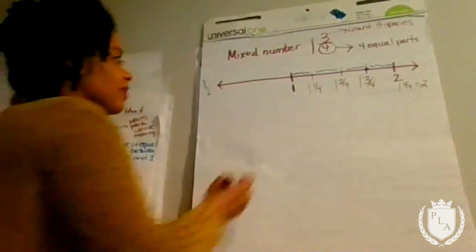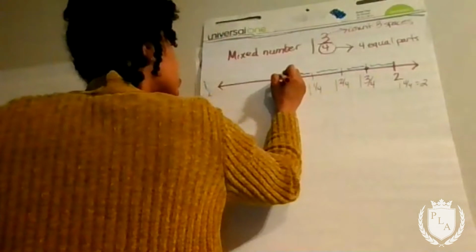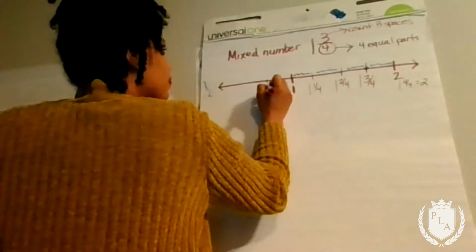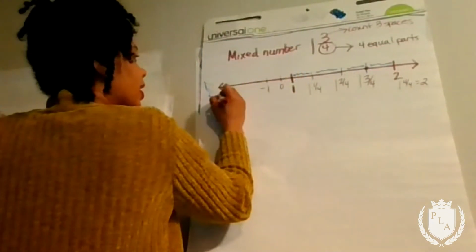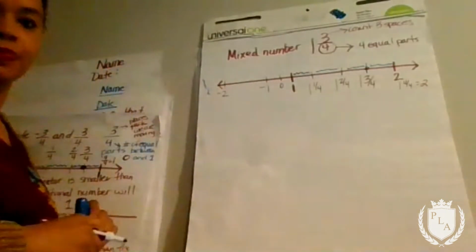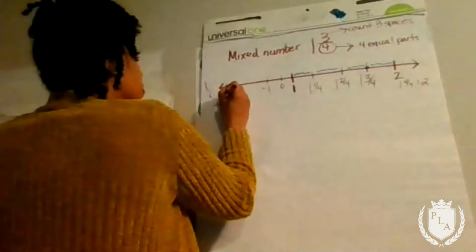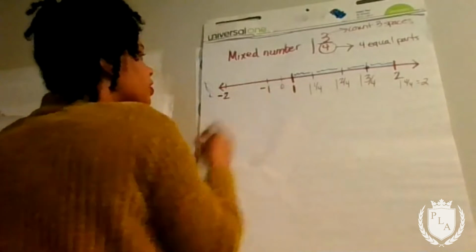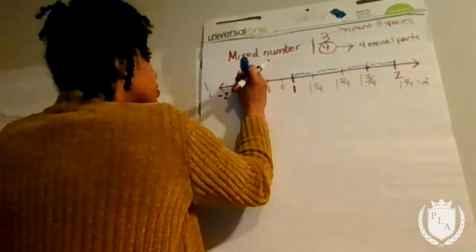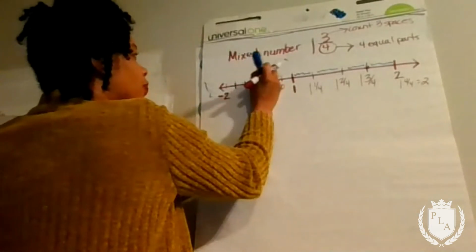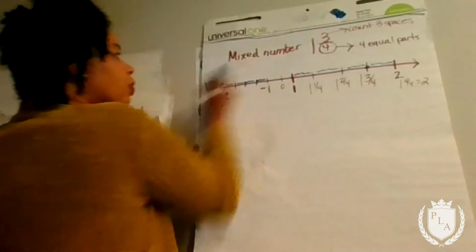Okay. But now we need to do the same thing to this side. So we need the negative. So let's just say this is 0. Then we'll put -1 and -2. Okay? So remember, we need to convert it to 4 equal parts. 1 part, 2 parts, 3 parts, 4 parts.